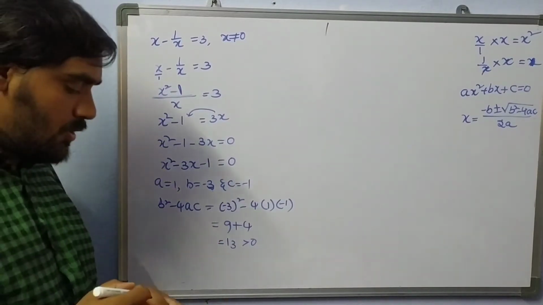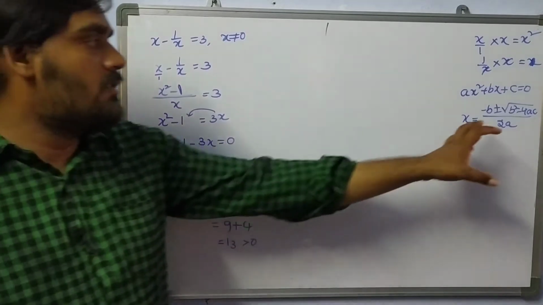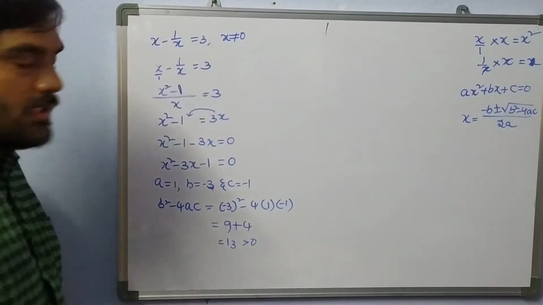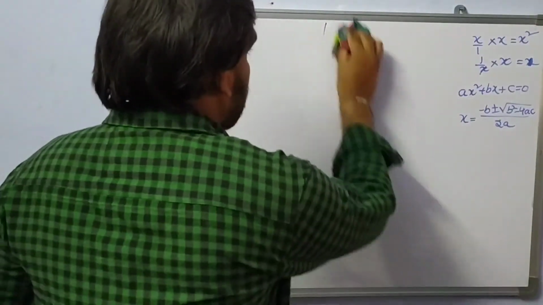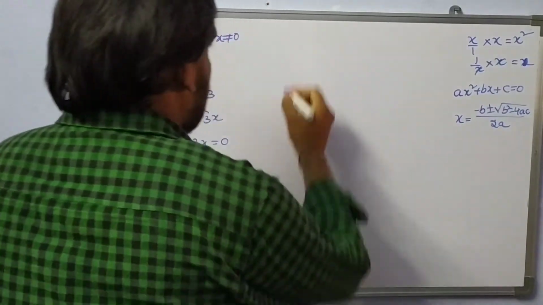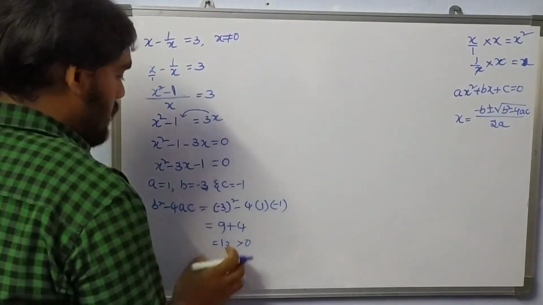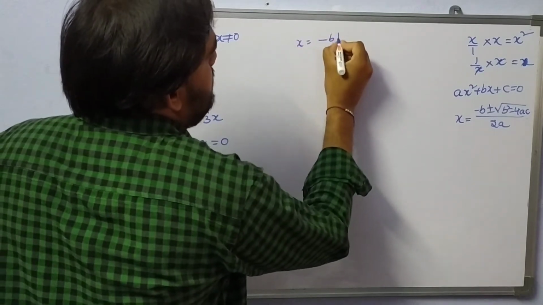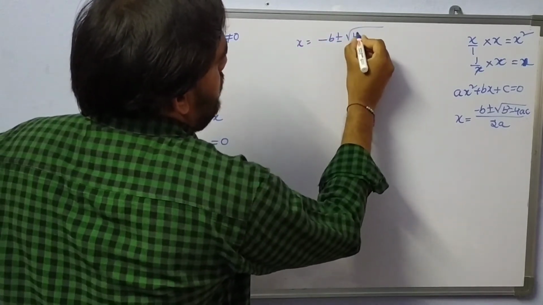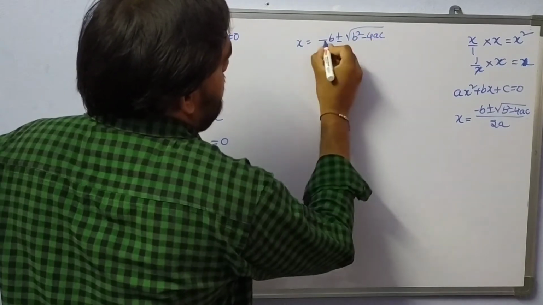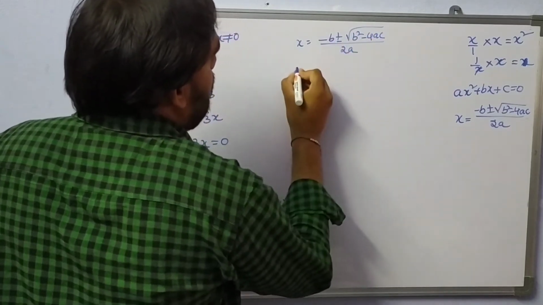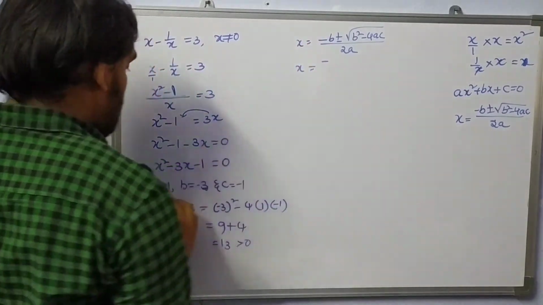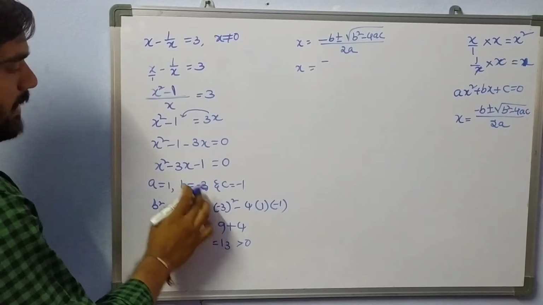So here we need to substitute the a, b, c values in this formula to get the roots of x minus 1 by x is equal to 3. Substitute all the values in the formula x is equal to minus b plus or minus square root of b square minus 4ac by 2a. Now x is equal to minus b. What is the value of b? Minus 3.